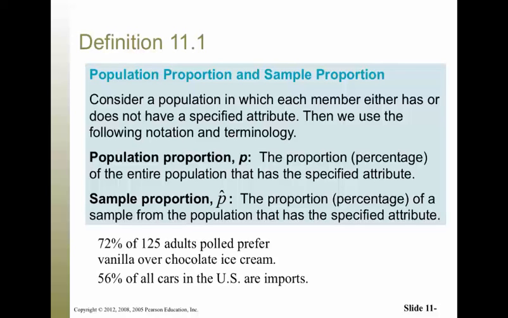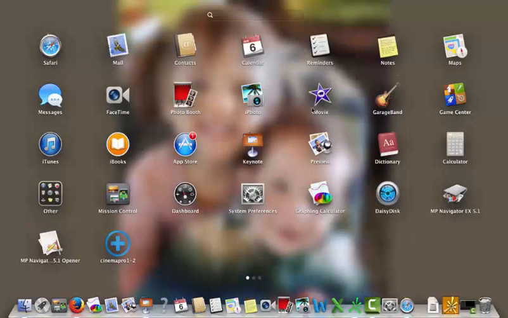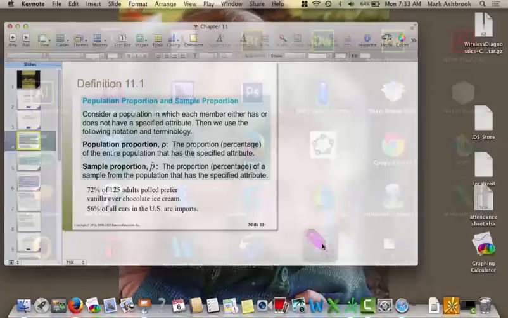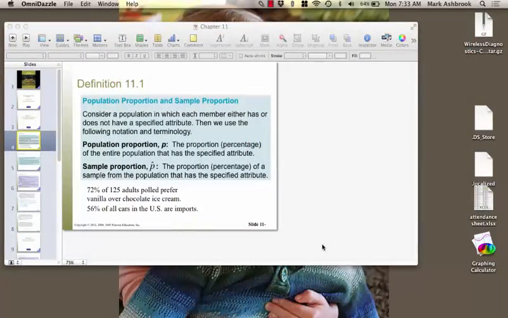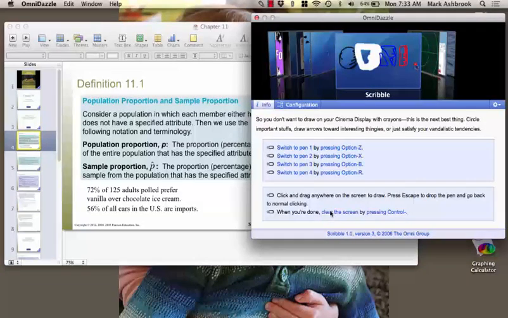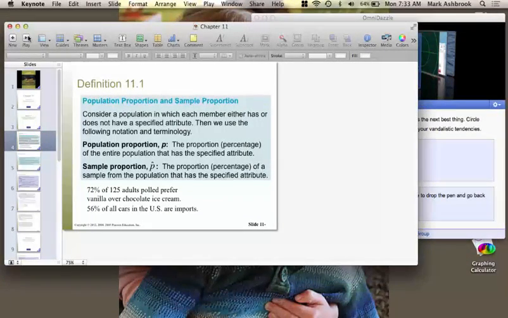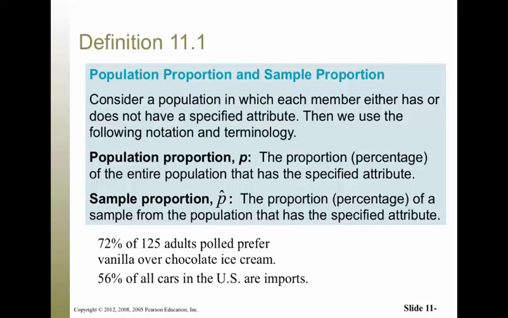P hat means the proportion in the sample.